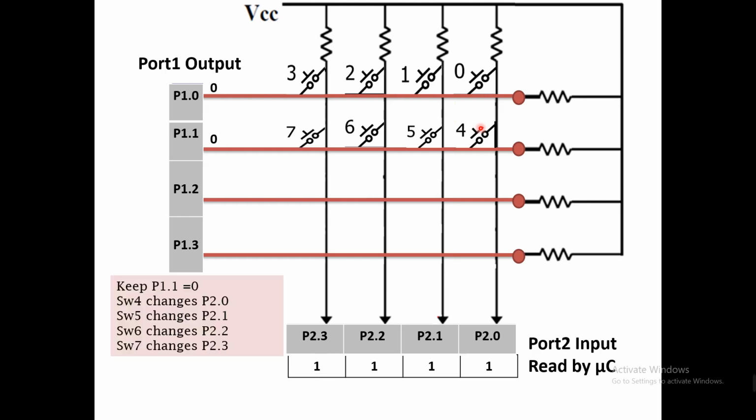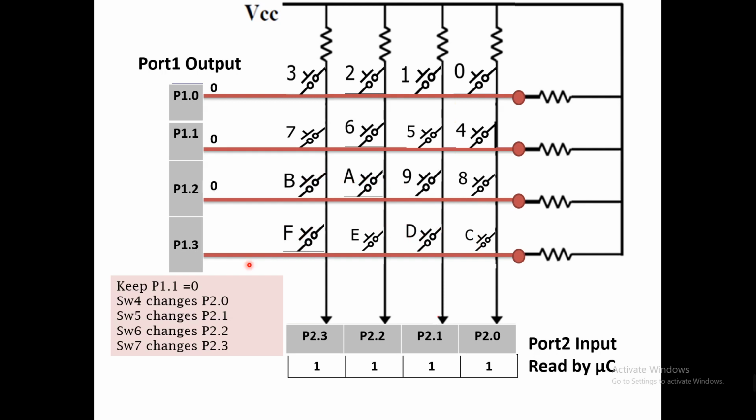Moving to the next: keep P1.0 as we said before, and if we install all the 16 switches, 0 to 9, A, B, C, D, E, F, so a total of 16 switches are installed here.